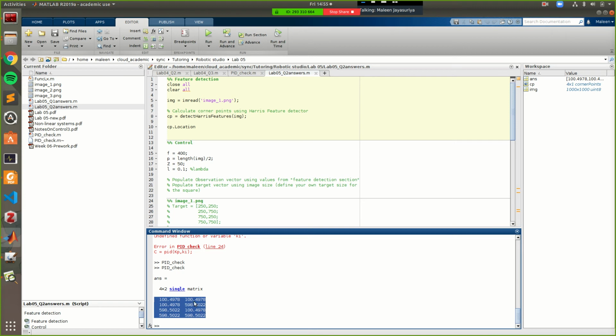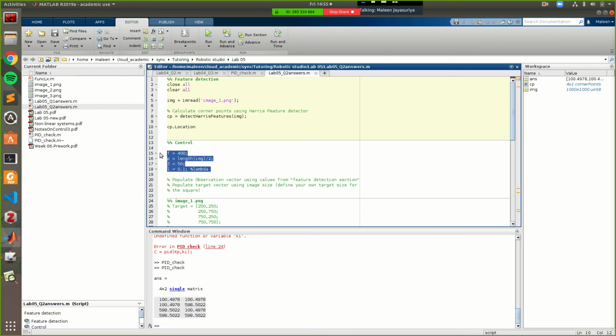Now to implement the control, first we give the intrinsic parameters of the camera. For the principal point, I'm just going to take the center of the image.